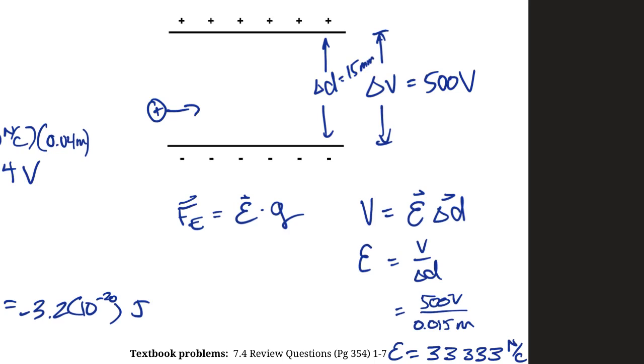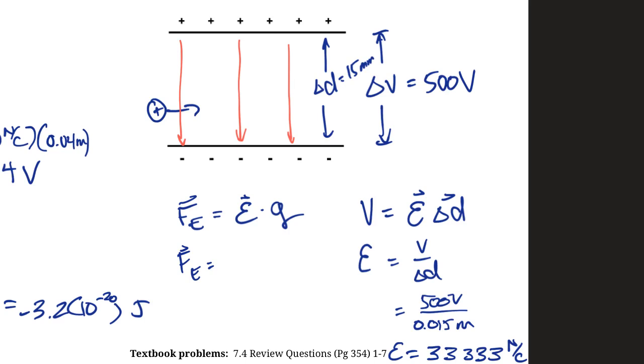Okay, and the next question is, what direction is that field? Well, we know the field is always going to go from positive to negative, right? It's like the direction that a proton would go in that field. So now that we have the field strength, we can figure out the force, because we have this relationship right here. So the electric force on that proton is going to be the field strength times the charge.